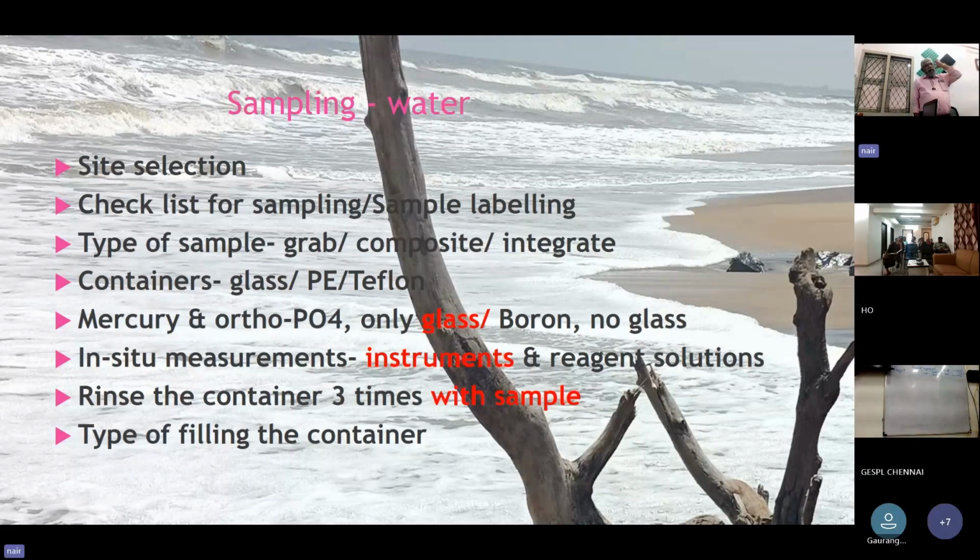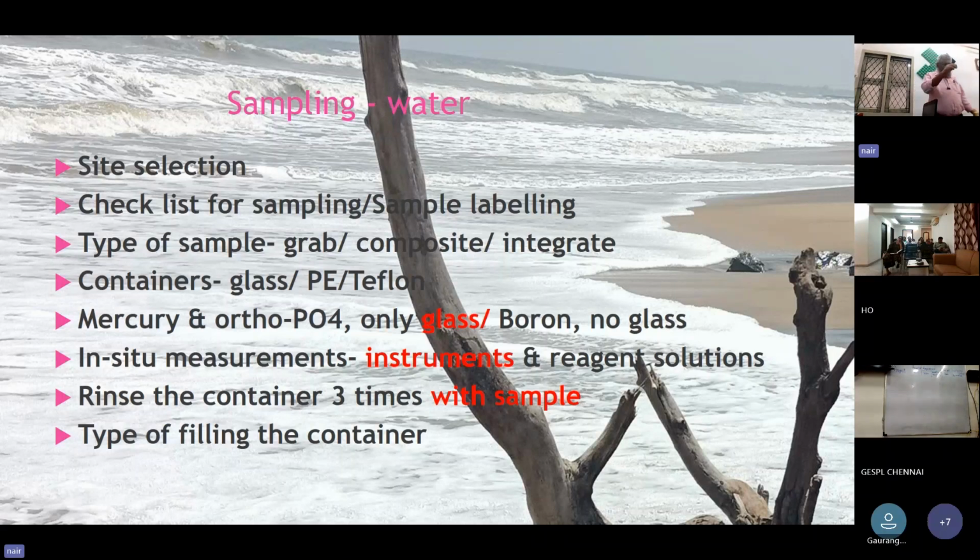And when the sample is sent to the laboratory, if the conductivity drastically changes, you can compare and see why it has happened. Then some reagent solutions are also required. What reagent solutions are required comes later on. Why is it told like that?